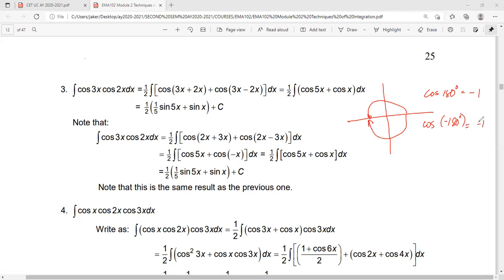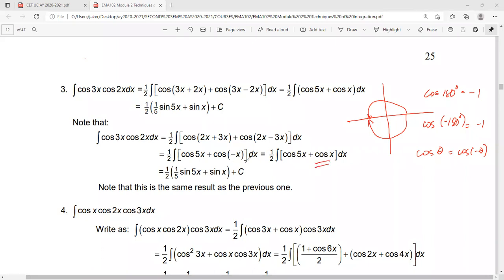Still, the answer is -1. So whether you have a cosine of theta and a cosine of negative theta, the cosine of these two angles are the same. So you can see here that the cosine of negative x is just the cosine of x.